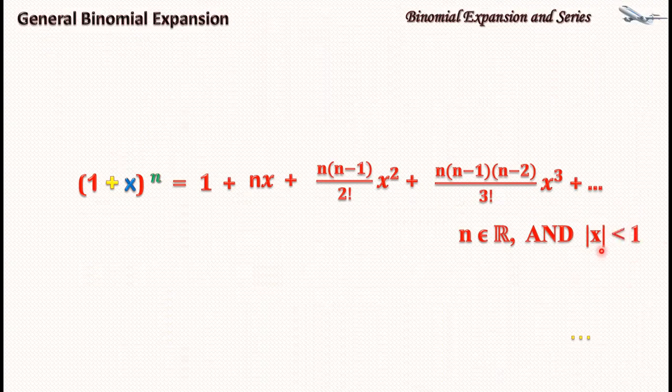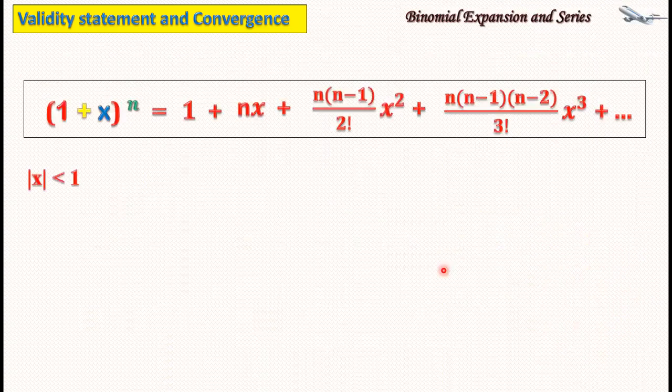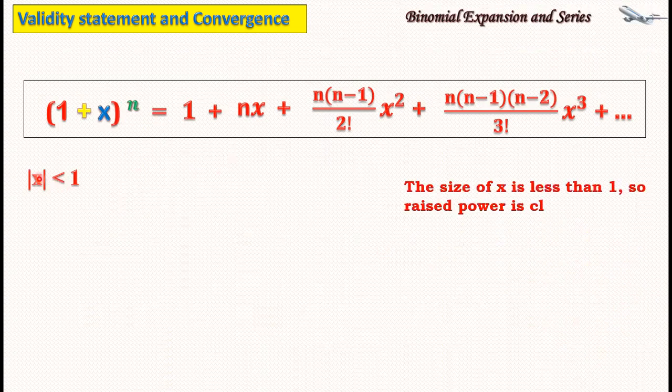This is what we call the validity, which we are going to talk about in this video. So (1 + x) to the power n can be written in this form, and the absolute value of x should be strictly less than 1. The size of x is less than 1, so raised to any power, it is close to 0. Please take note of this.